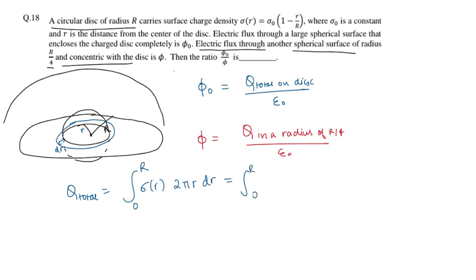So this is from 0 to capital R, sigma naught comes out, and you also have 2 pi coming out.